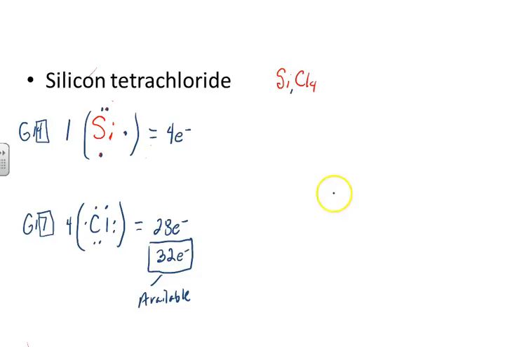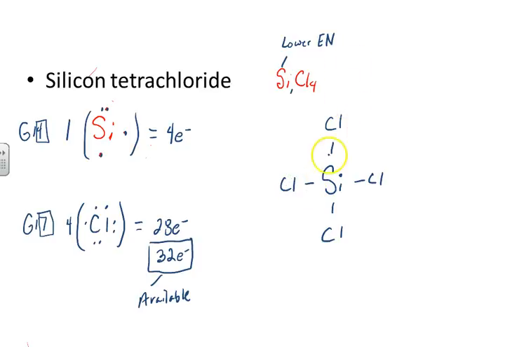Next, we try to arrange the atoms. We've got our Si going to go in the center. The reason Si goes in the center is that Si has lower electronegativity, which is the best reason. Our chlorines we're then going to arrange around, and I'm attaching each of them with a dash.